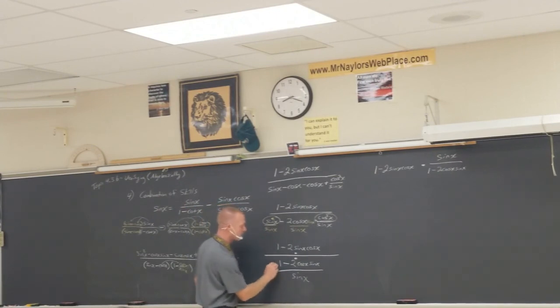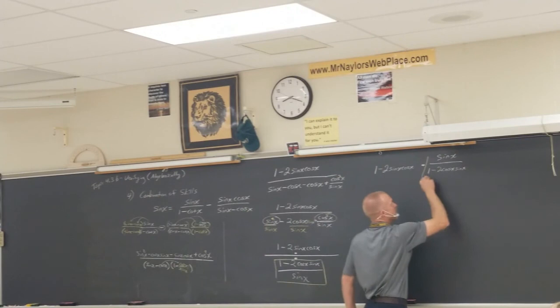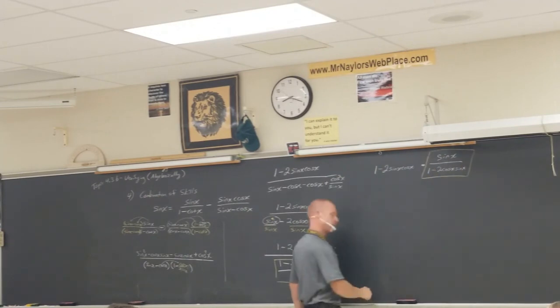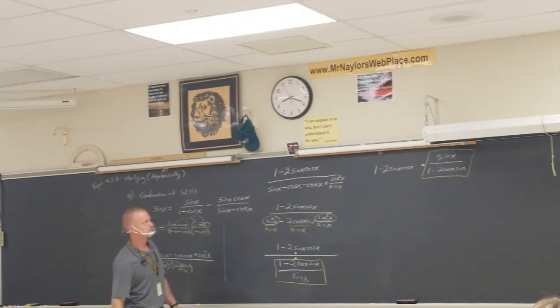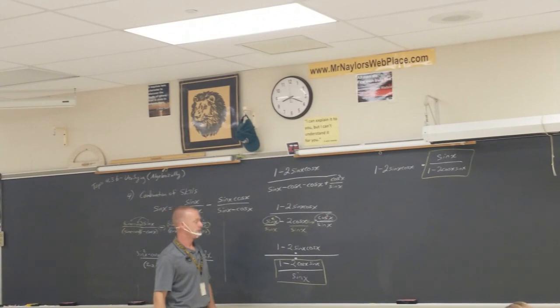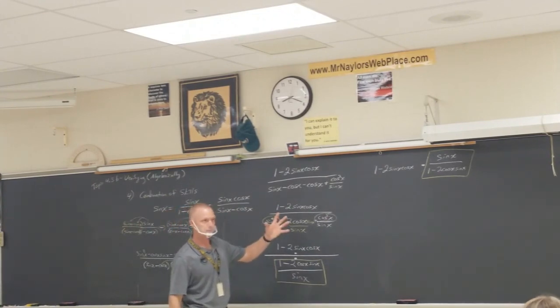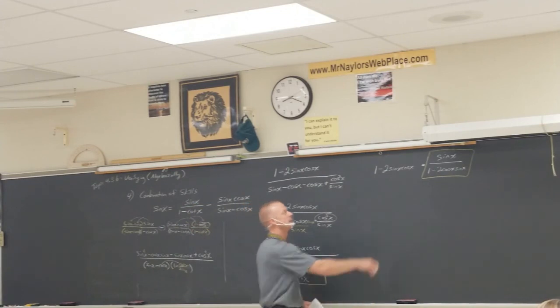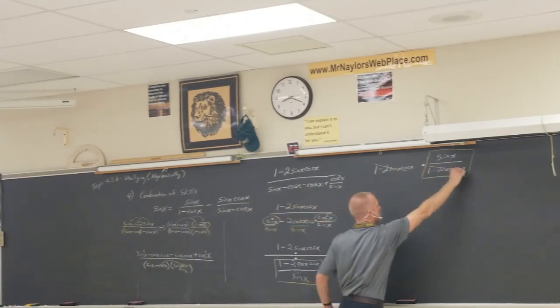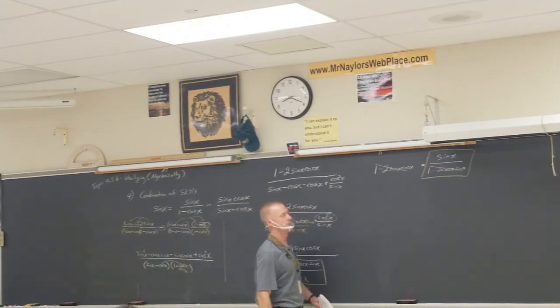Let me color code this a little bit so that you understand which is which. So again, I took a division problem and I ultimately changed it to multiply by the reciprocal. Take a look at the yellow boxes. They are just flipped. Which is why the 1 minus 2 sine cosine cancels.